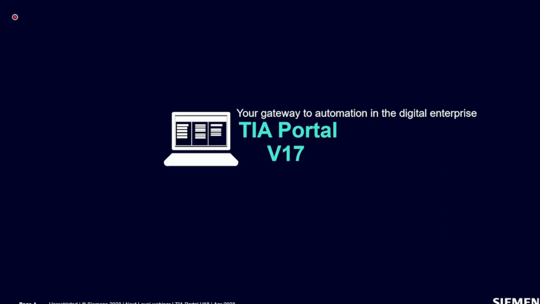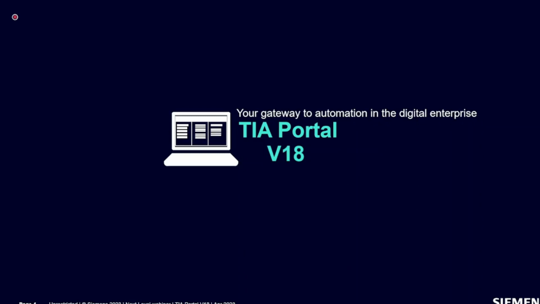To cope with the volatile market, we have introduced TIA Portal version 18, which succeeded version 17 and was released on 24th November last year. A lot of innovations have happened in version 18, and I will be walking through them.